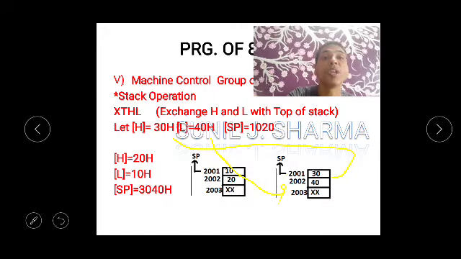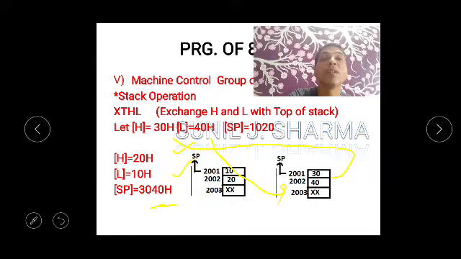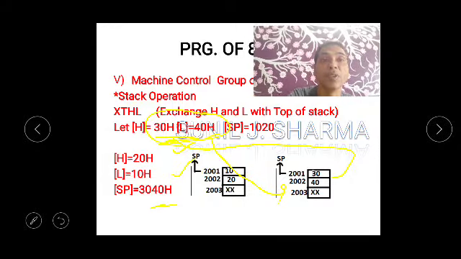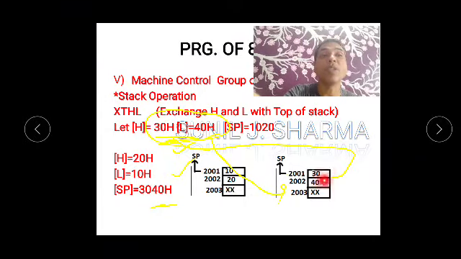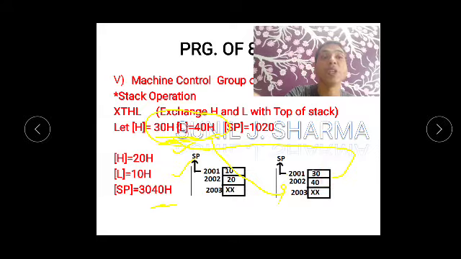Okay, so the stack will be taking these two values, and the stack will take the HL values. So the HL values will be 10 and 20. So the contents will change, not the stack pointer value. Initially it was 10 20, now it is 30 40.